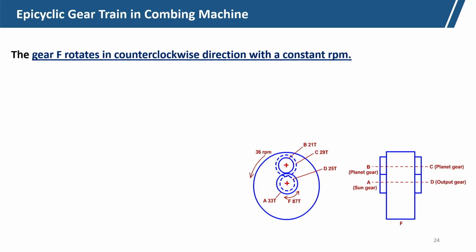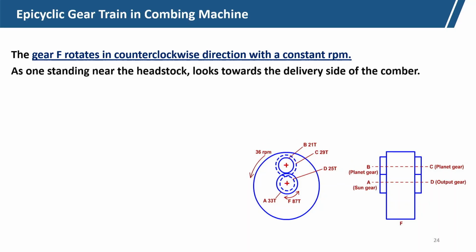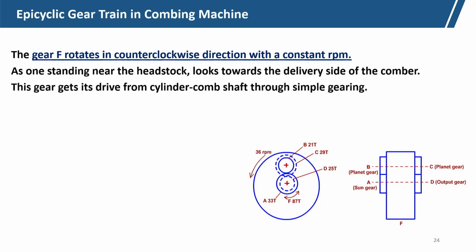Here in this picture 36 rpm is given, as one stands near the headstock looking towards the delivery side of the comber. This gear gets its drive from the cylinder comb shaft through a simple gear arrangement. The cylinder comb shaft rotates in the same direction, so that is why it is rotating in the same direction.